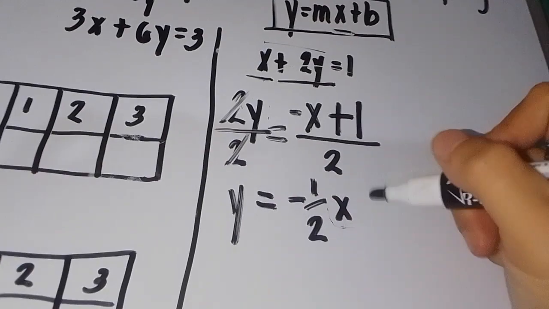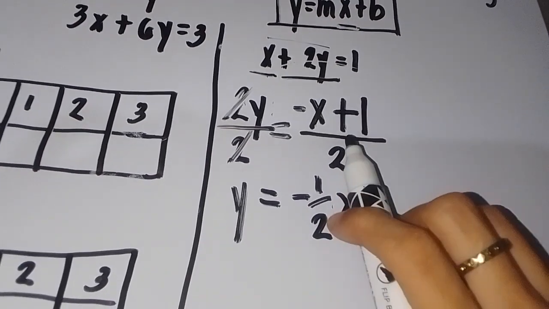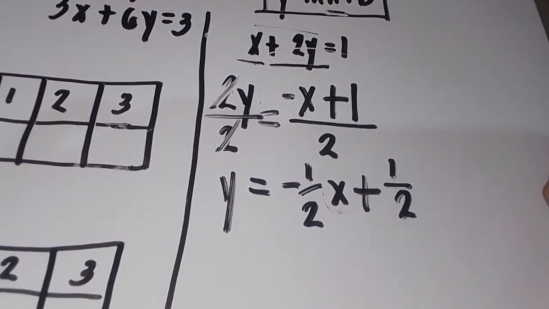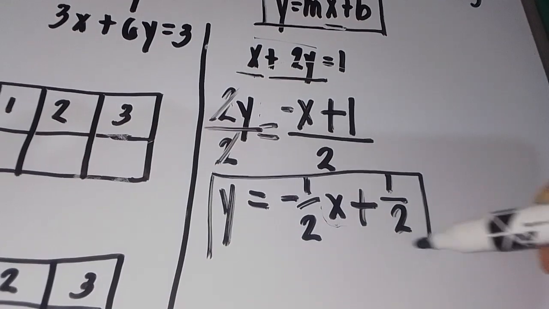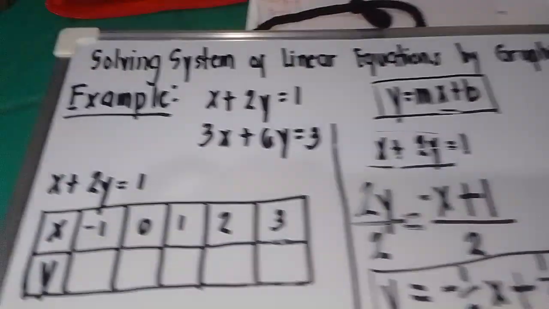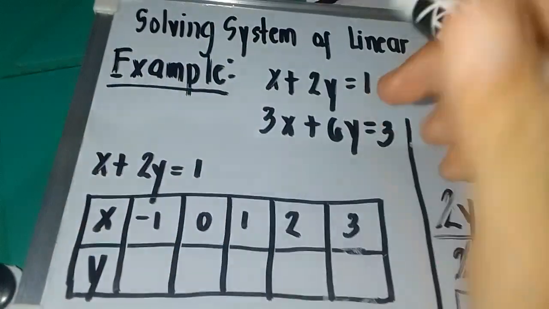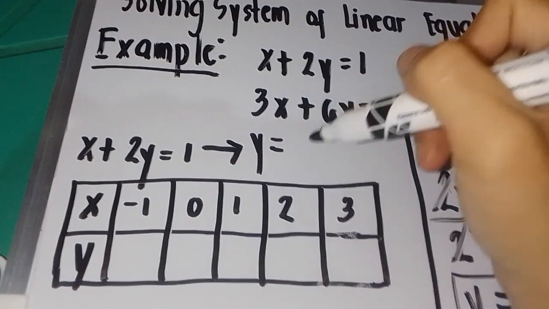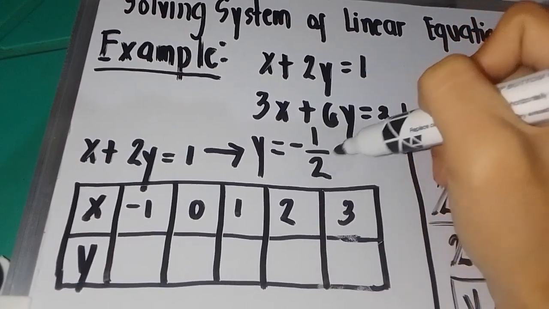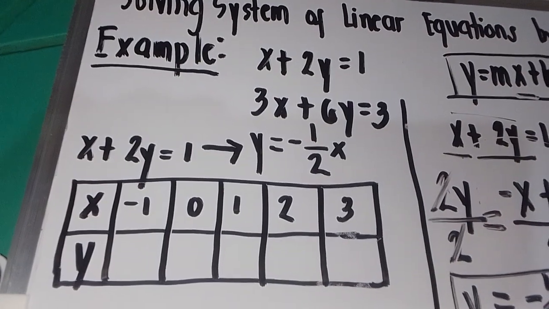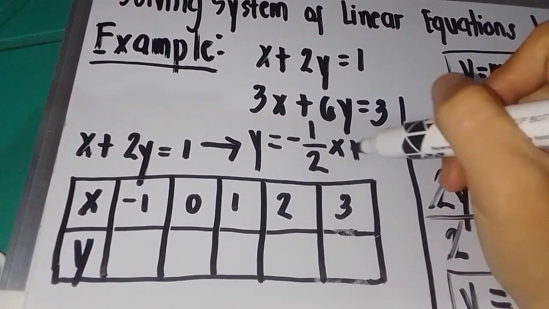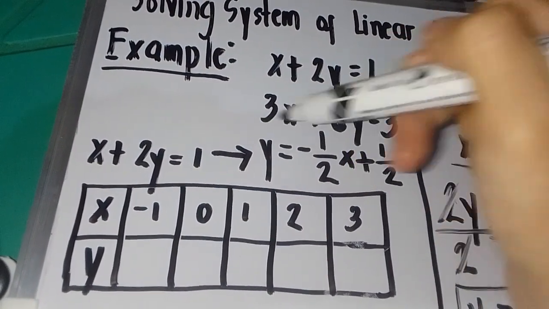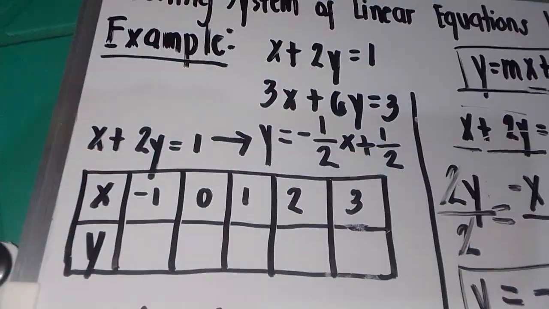Positive divided by positive is positive. Then 1 divided by 2 is still 1 over 2, or 1/2. So, the slope-intercept form of our first linear equation, x plus 2y equals 1, becomes y is equal to negative 1/2 x plus 1/2. This is what we will use later to solve for the values of y.